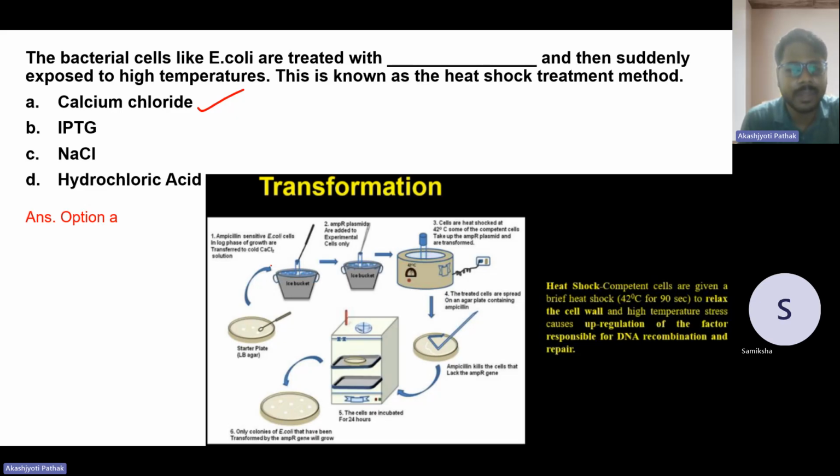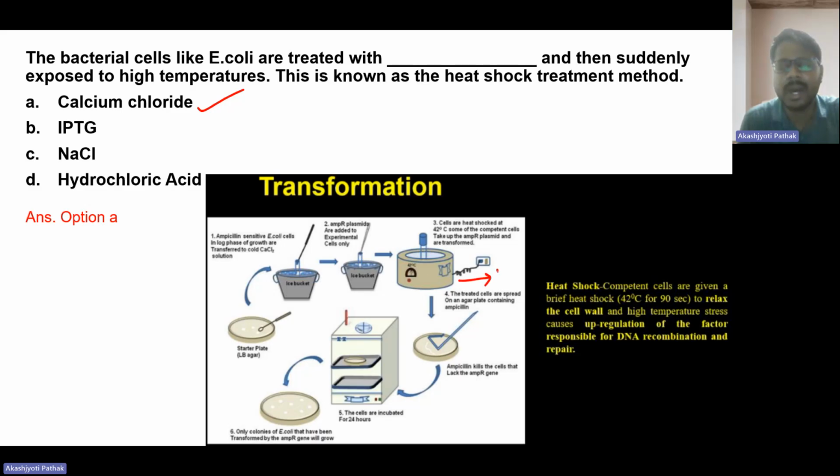So you see here, you take an ice bucket. So these are your competent cells. Then these ampicillin resistant plasmids are added to your competent cells, and then you give it a heat shock of 42 degrees Celsius. And after this brief heat shock for 90 seconds, you quickly place it in ice again. So after this heat shock, there is a figure missing.